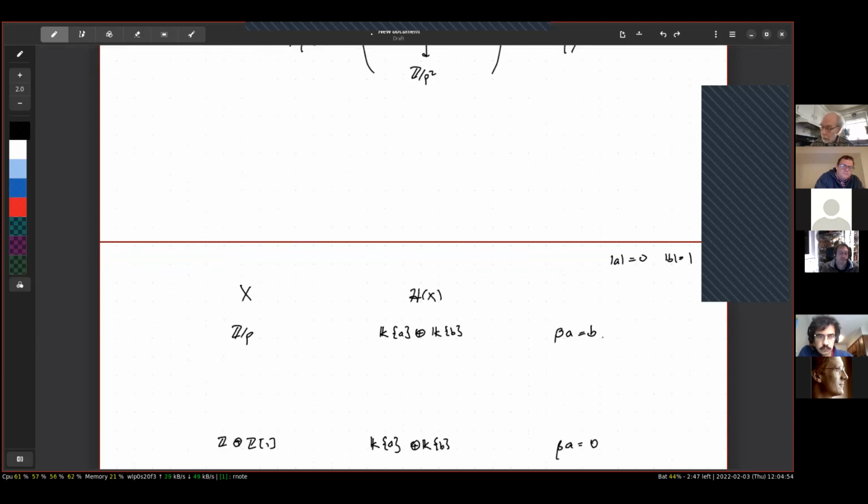So these two can be distinguished using just ordinary cohomology because we have a cohomology operation beta that carries A to B. But the more interesting bit is Z mod P squared. As a group, you'll find it's exactly the same. But over here, the relation is beta times A is equal to P times B. So if we just take homotopy groups, then P is 0. So it looks exactly like the second case.